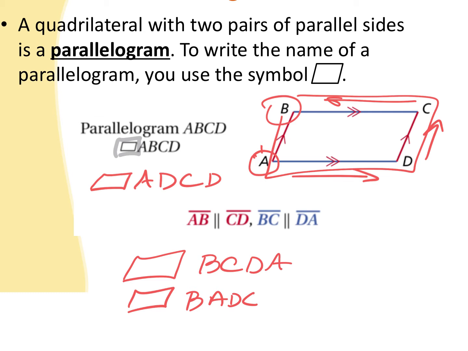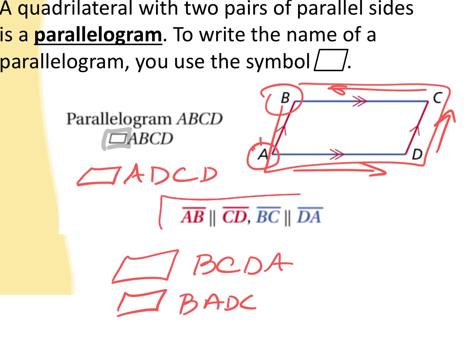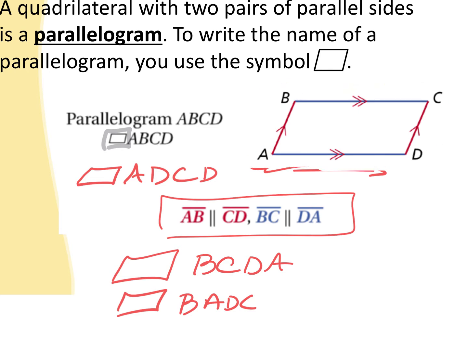All right, so notice here, they've got the parallel indicators, because by definition, a parallelogram has two pairs of parallel sides. So in my picture here, I can state, and notice the arrows here indicating that BC is parallel to AD, and that's what they had here, BC and then DA.